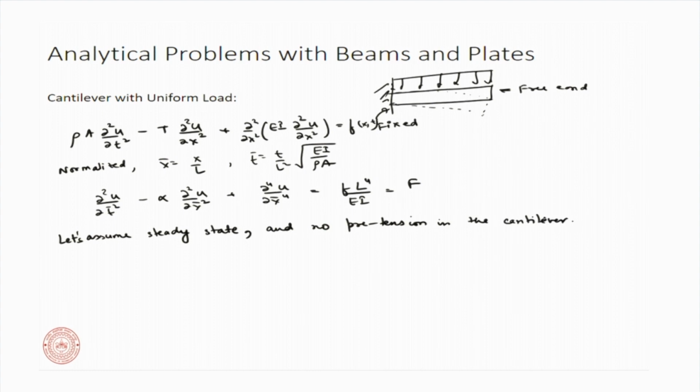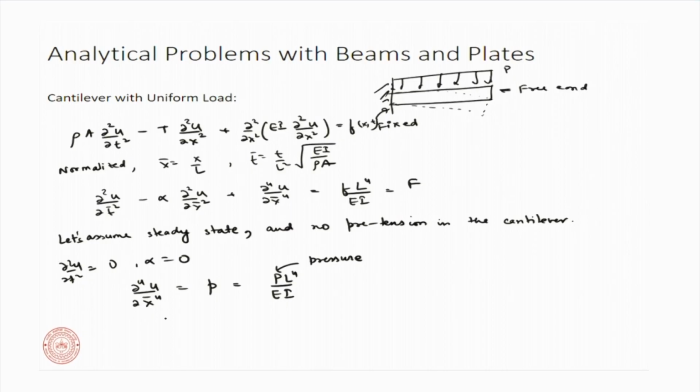So, the first term is 0, alpha is 0. So, del square u by del t square is 0, alpha is 0, and our equation therefore will boil down to del 4 u by del x bar 4 equal to some P, which is capital P L 4 over E I. Capital P is the pressure acting on the cantilever. It is a uniformly distributed pressure which is acting on the cantilever. Okay. So, we are solving for this.